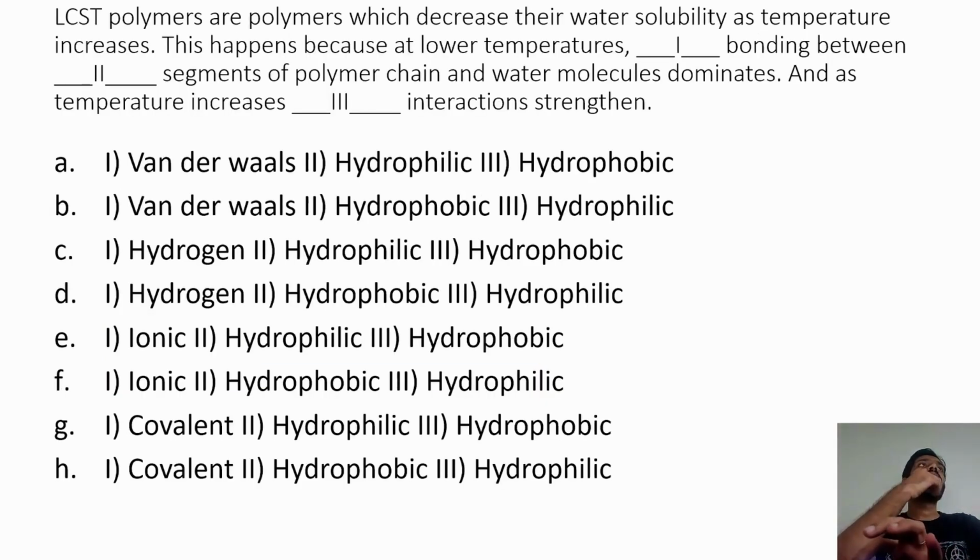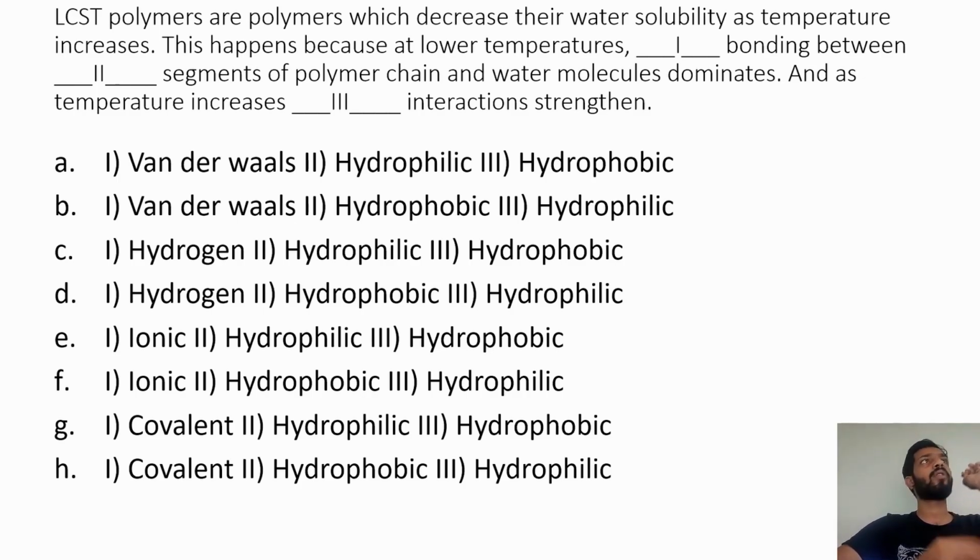LCST polymers are polymers which decrease their water solubility as temperature increases. This happens because at low temperatures, hydrogen bonding between the hydrophilic segments of the polymer chain and water molecules dominates. And as the temperature increases, hydrophobic interactions strengthen. So at lower temperatures, what happens?